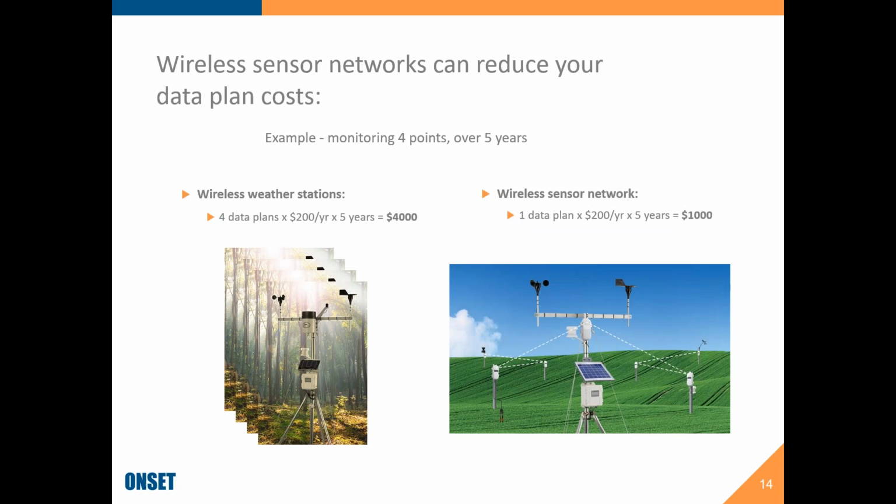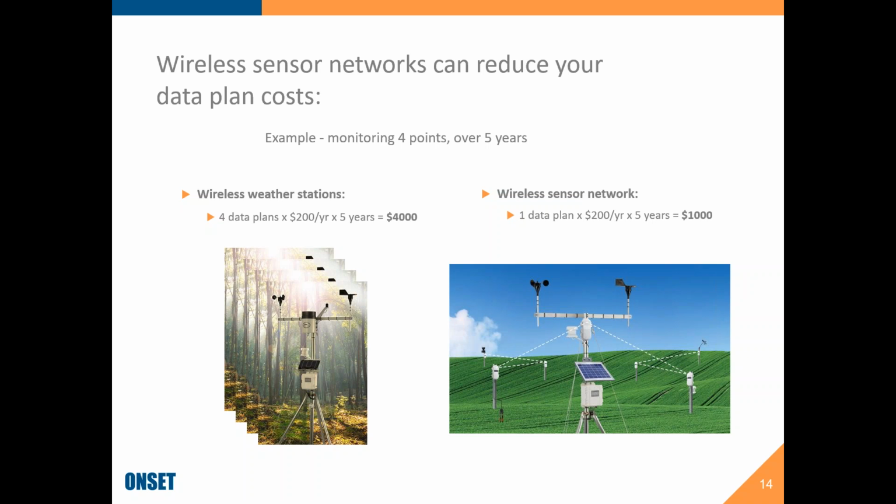So back to what I was saying about wireless stations versus wireless sensor networks. One of the things to keep in mind is a wireless sensor network can reduce your data plan costs by reducing the number of data plans you have to buy or subscribe to. So just using a simple example, if you needed to monitor 4 different locations over 5 years, if you were to have 4 wireless weather stations, I show that on the left, that would be $4,000 over those 5 years.